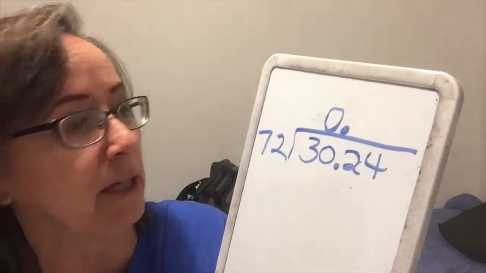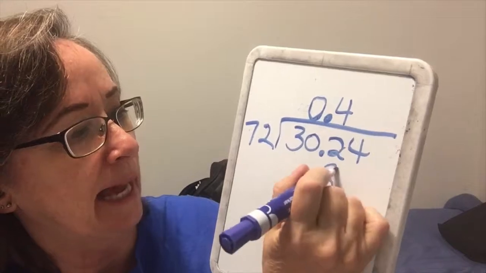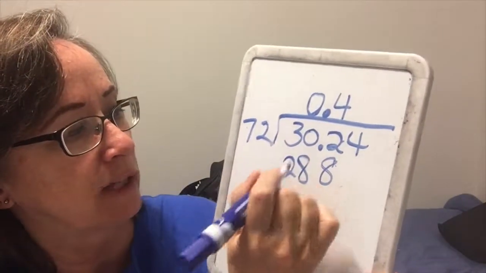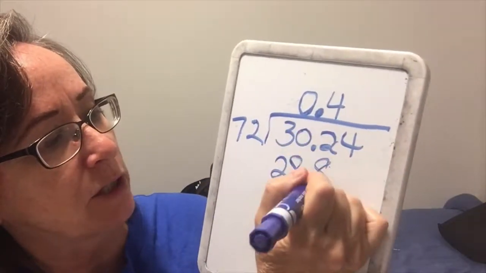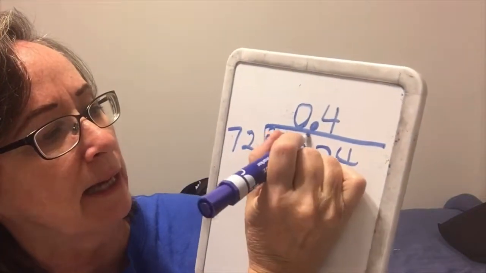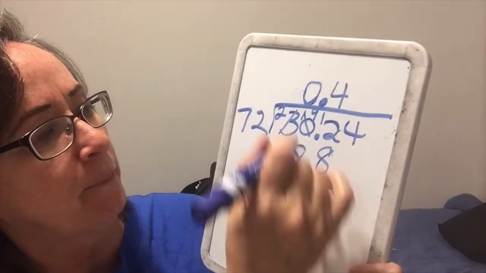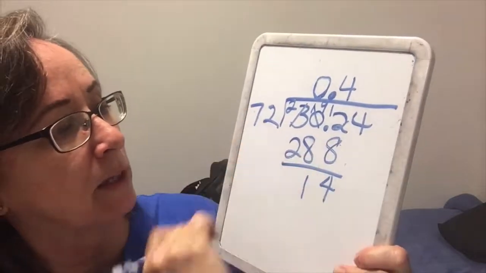I may be aiming too high, but let's try it. 4 times 2 is 8. 4 times 7 is 28. That should work. Okay, so now we're going to subtract, and we have a 2 minus 8, so we'll come over here, make that a 2, make that a 10, make that a 9, and we borrowed all the way across. 9 minus 8 is 1, and 2 minus 2 is 0.